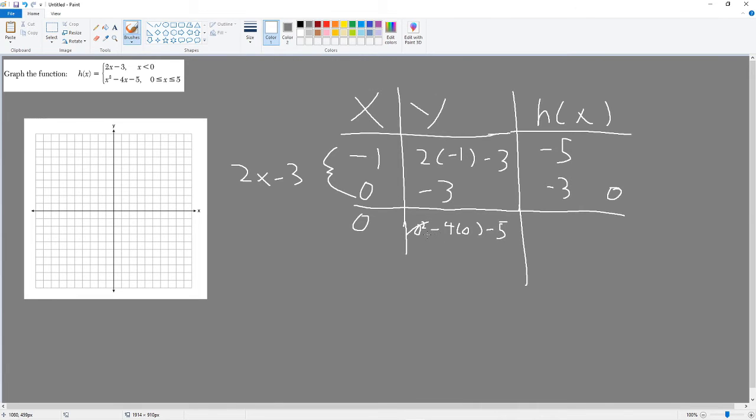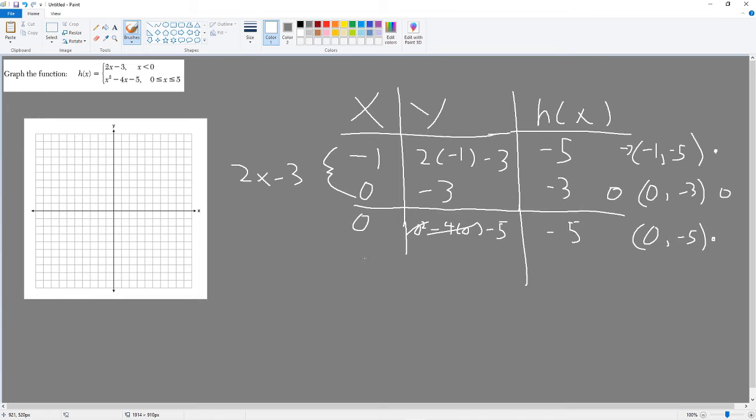So this is 0, this is 0, you have minus 5. So remember, these coordinates so far are negative 1, negative 5. This is going to be 0, negative 3, an open circle. This is going to be a closed circle. This is 0, negative 5, closed circle.